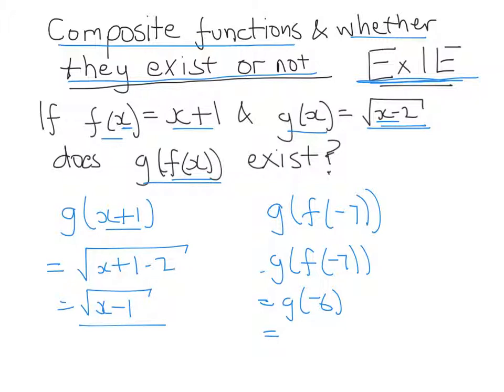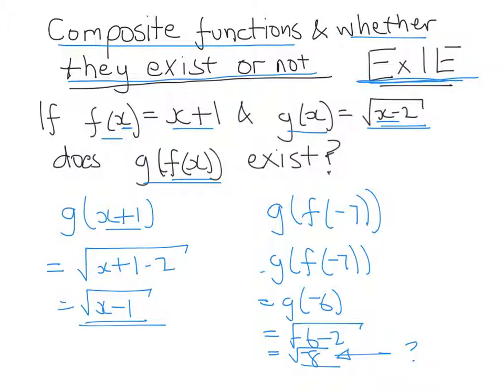And if we put minus 6 into g, that would be minus 6 minus another 2, which is square root of minus 8. Well, wait a moment. Square root of minus 8 doesn't exist. So we've got a bit of a problem here. We can work out the rule, but this part here is a questionable thing.